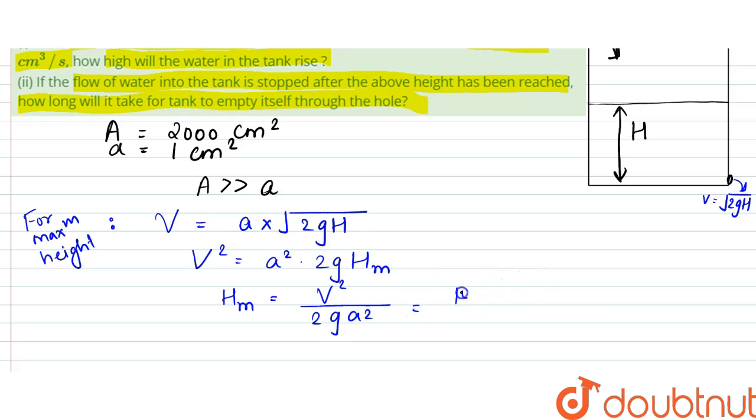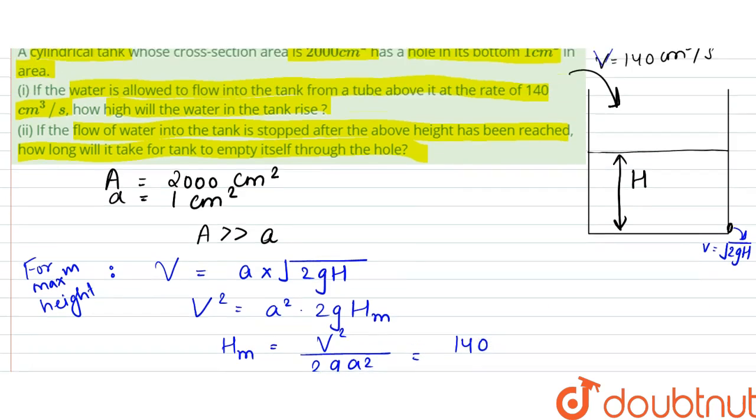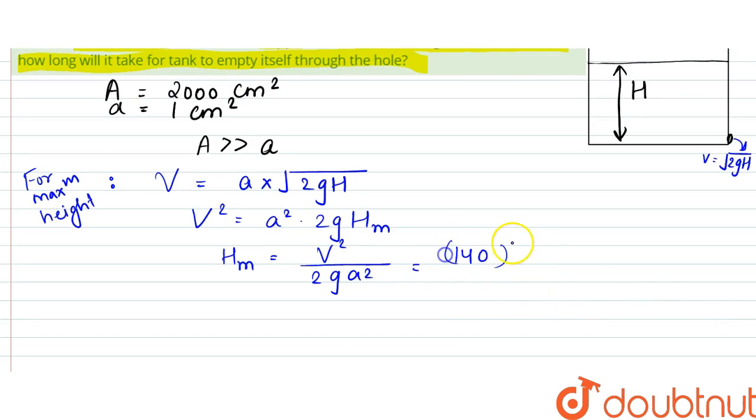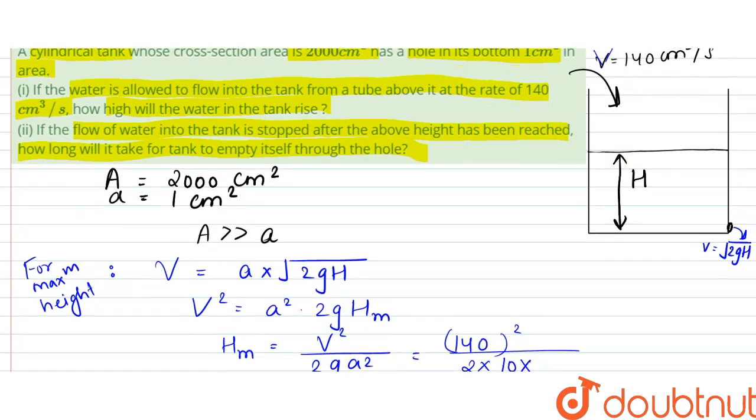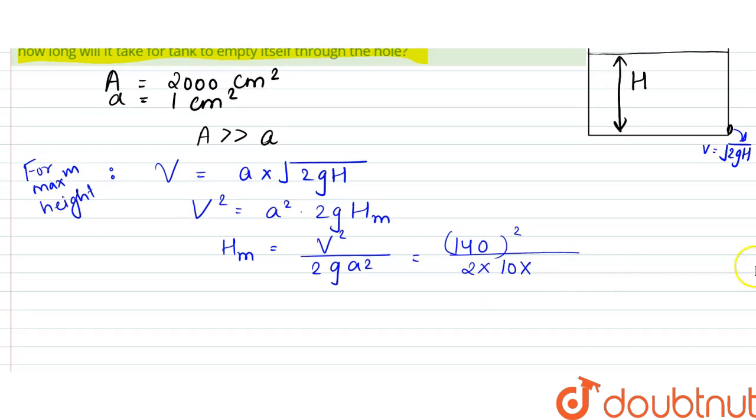That would be equal to 140 square by 2 into g, that is 9.8, which we can approximate to 10, into a square, that is 1 centimeter square. This is centimeter cube per second, so this is centimeters square, so that is 1 square.